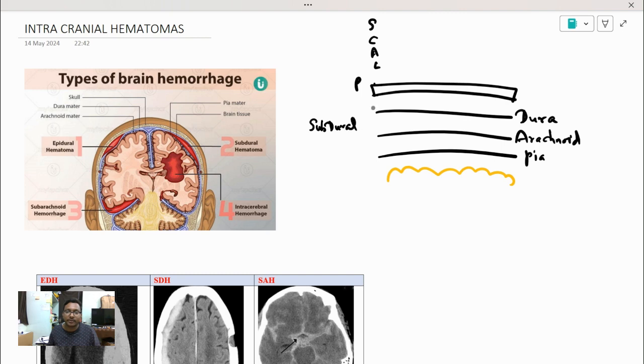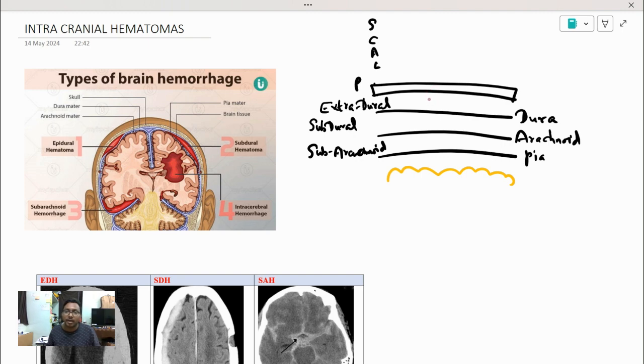Whereas this one is your extradural space. And you can see this is your arachnoid matter and this is your subarachnoid space.